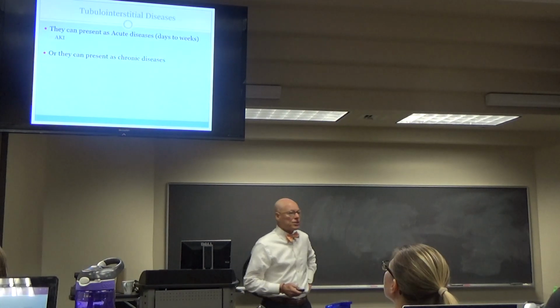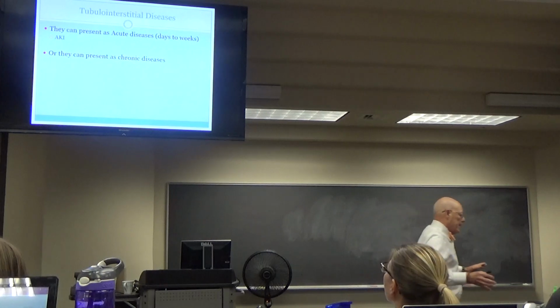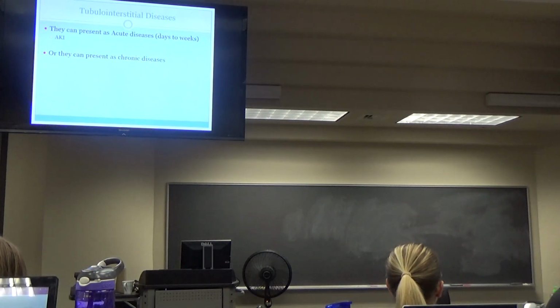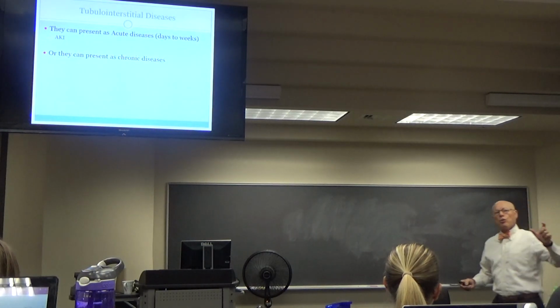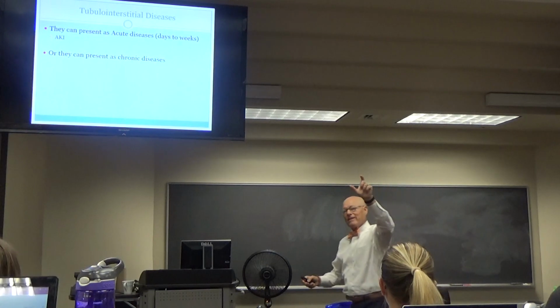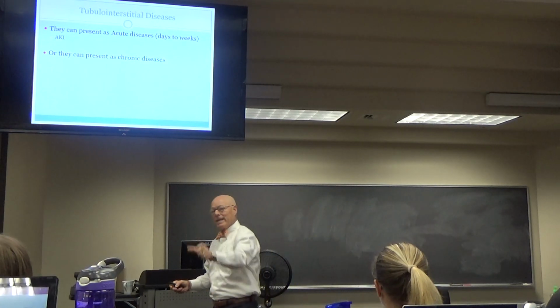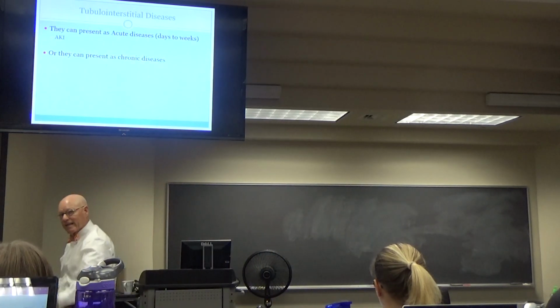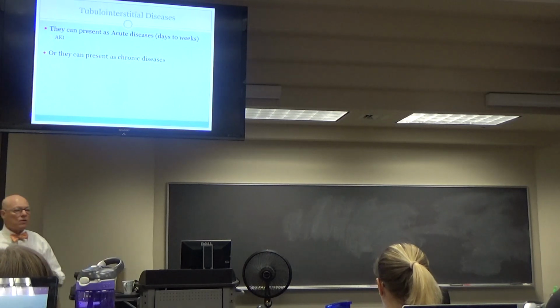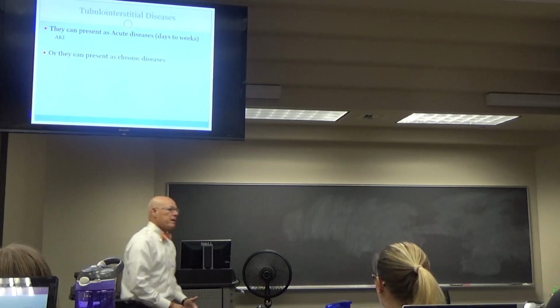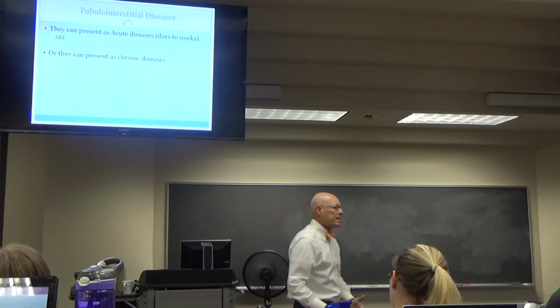Okay, tubulointerstitial diseases. These are a group of diseases where the pathology is either in the tubule, which is that business of the descending and ascending loop of Henle, and then the collecting duct, which goes into the ureter, which winds up in the bladder, which winds up in the toilet.